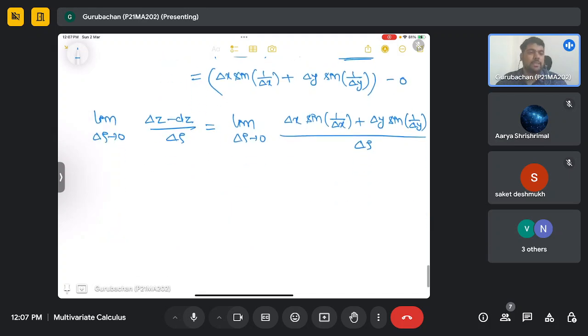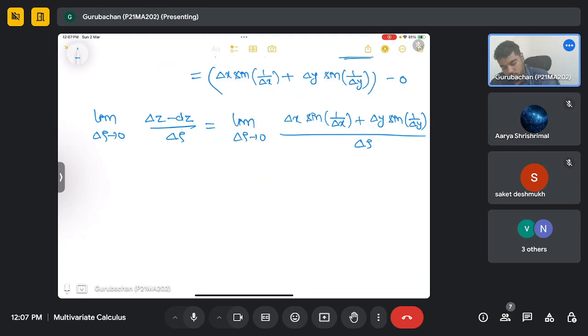So to show whether this limit exists or not, what we can do is go along a path.